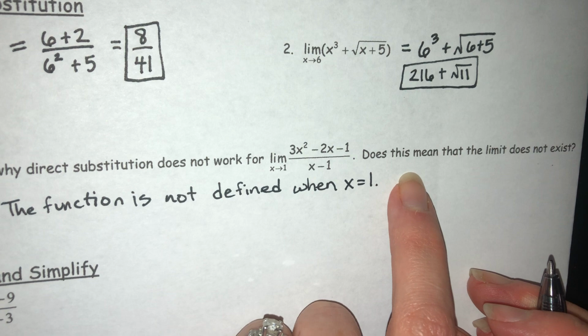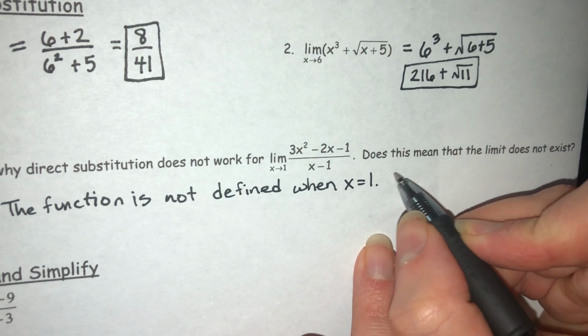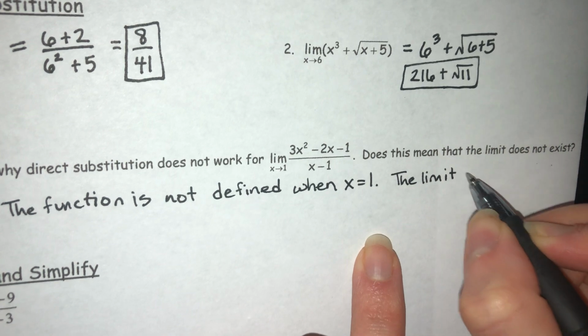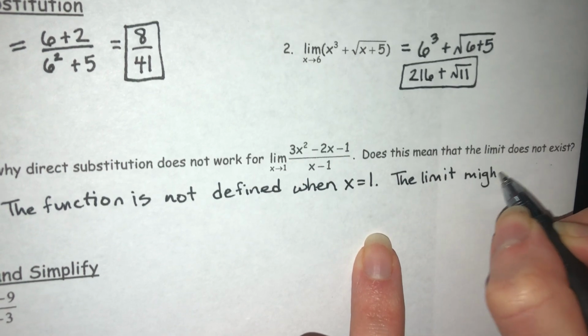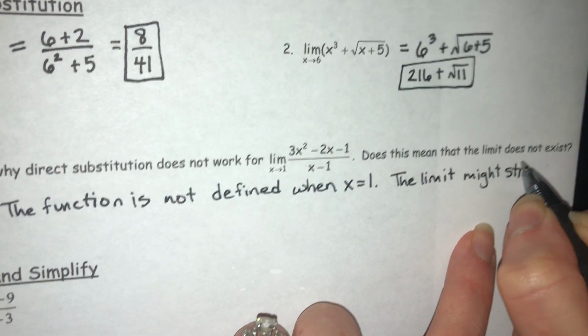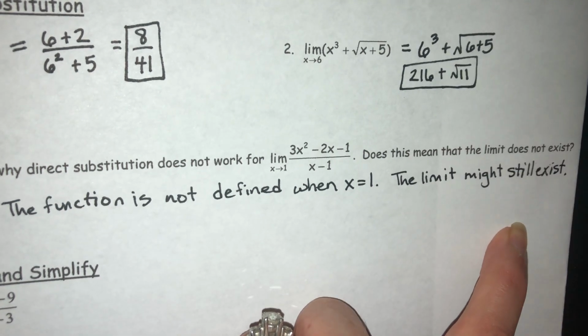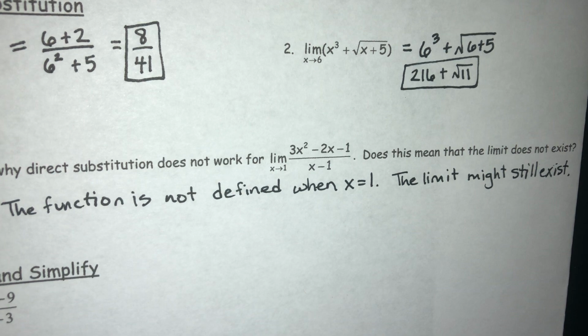Does this mean that the limit does not exist? The limit might still exist. So if direct substitution does not work, all that means is that you need to try a different method. It doesn't mean the limit does not exist.